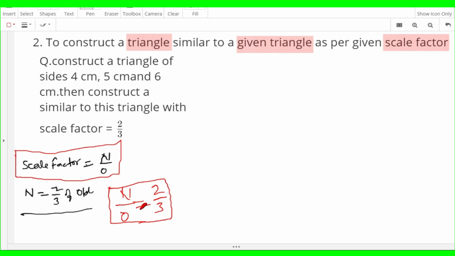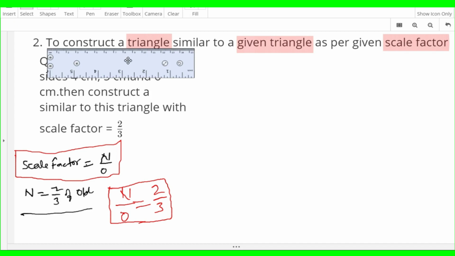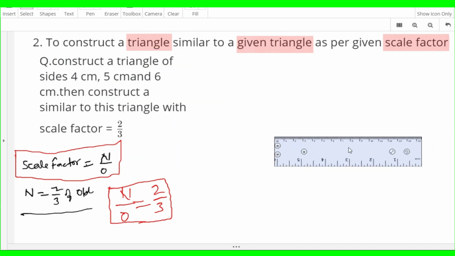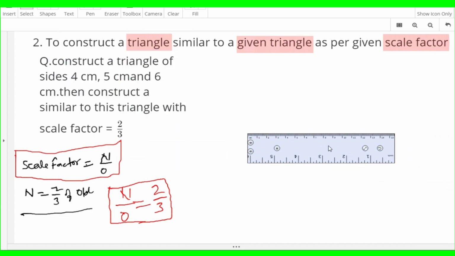The first step of this construction is to draw the original triangle, as we have done in previous classes also. The triangle has sides 4, 5 and 6 centimeters. To construct the triangle, first we have to take a ruler and take any of the sides.